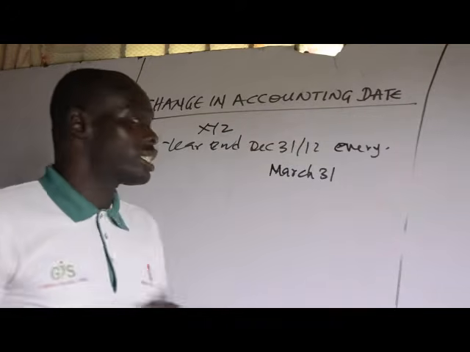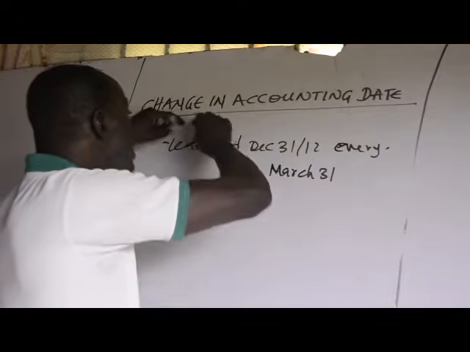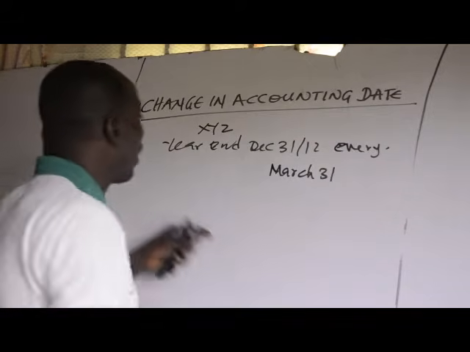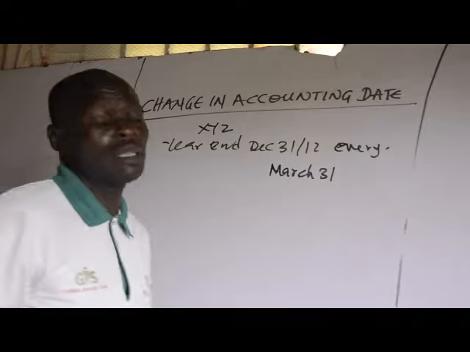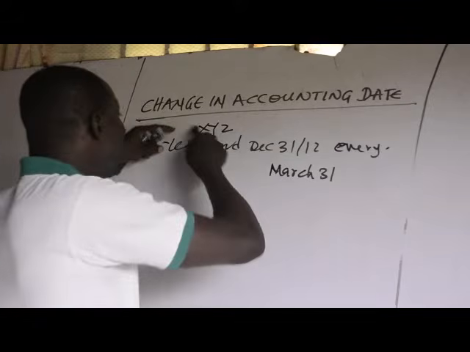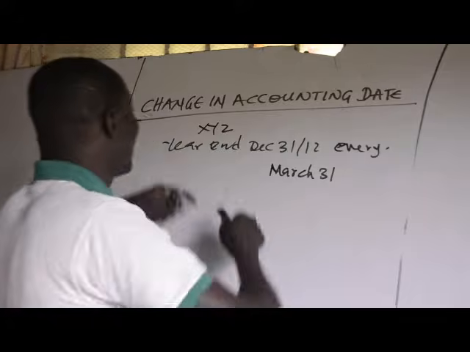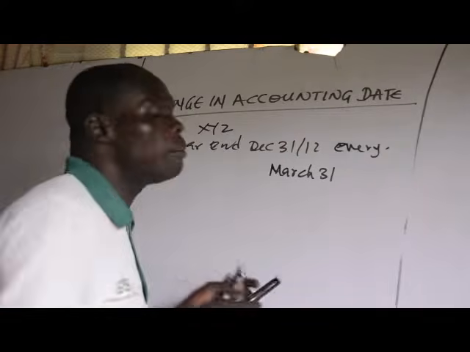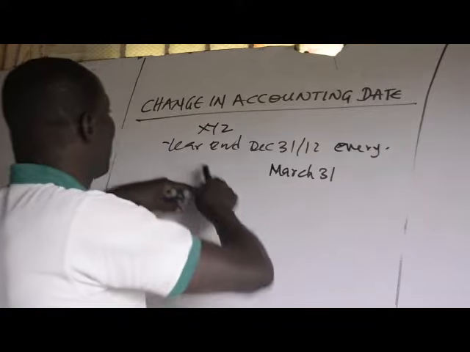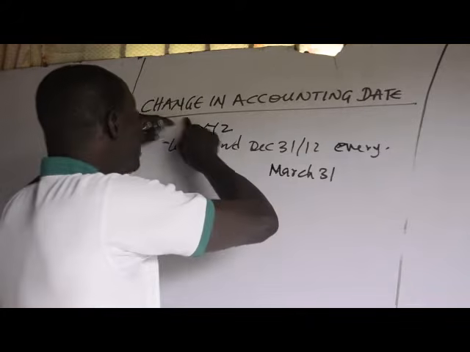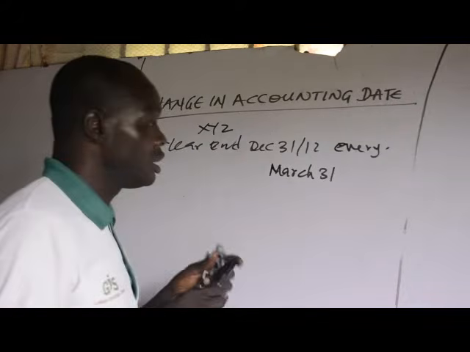One of the reasons for the change in accounting date is the avoidance of peak period. A peak period is usually a busy time for the business, so they might not have time to prepare their financial statements during that period. As a result, they may decide to change their accounting date.